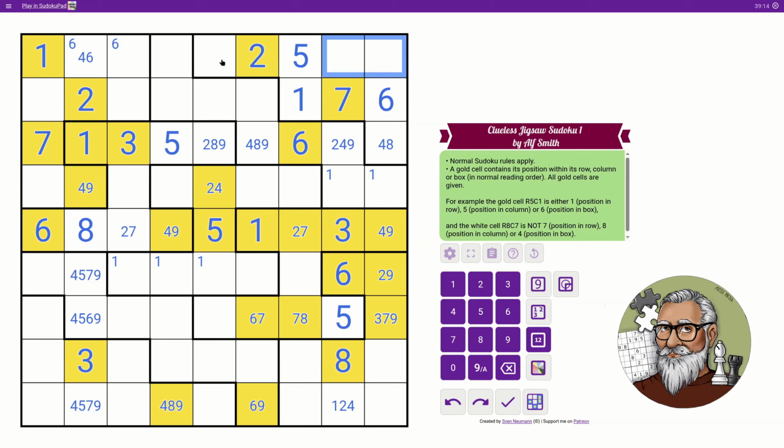Right, so what am I still missing here? Well, 4 or 8 and 3 and 9, right? Can I do anything with that? This isn't 4, for instance. This isn't 8 or 3. Okay. That's nice.